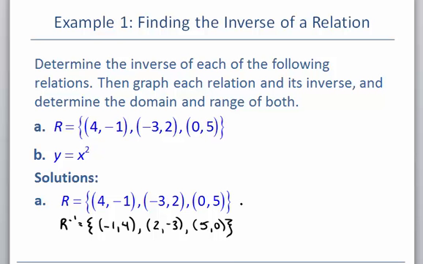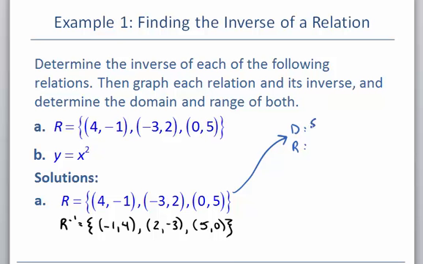It is also asking us to determine the domain and the range of both the original relation and the inverse. So let's look at this. If we look at the original relation, remember that the domain is the set of x values and the range is the set of y values.